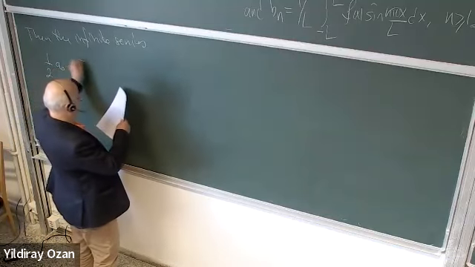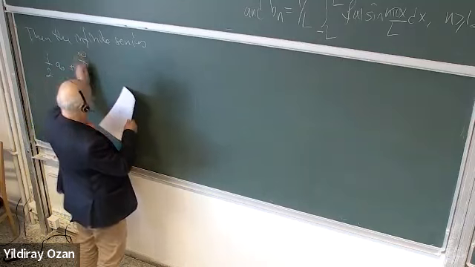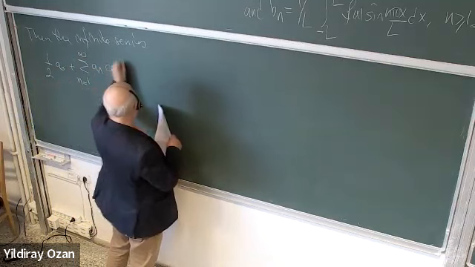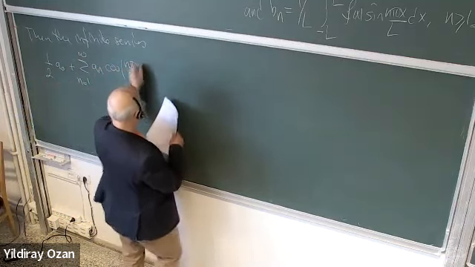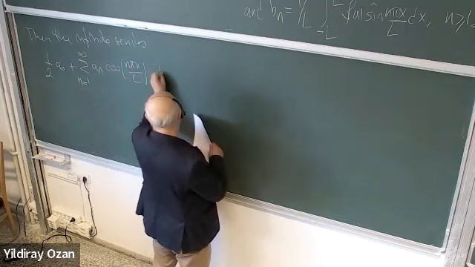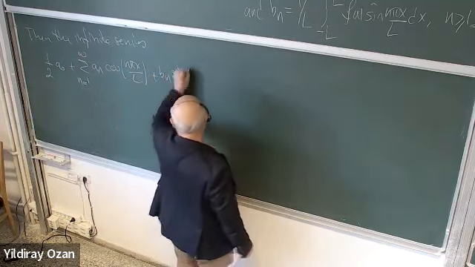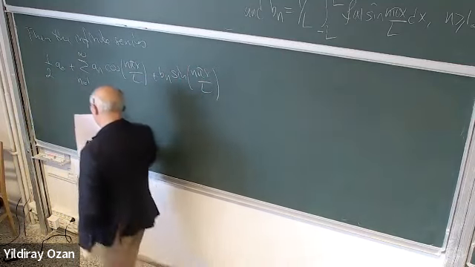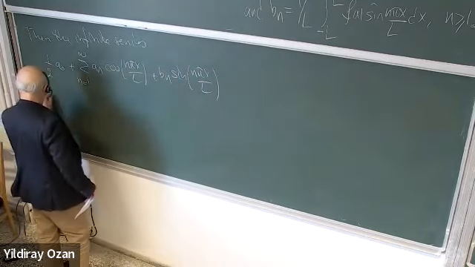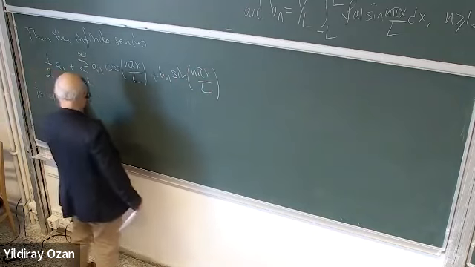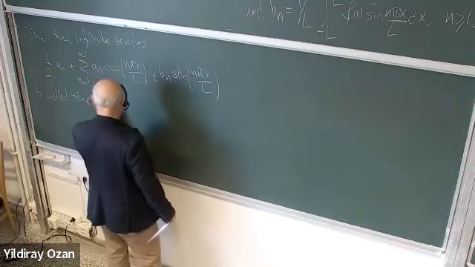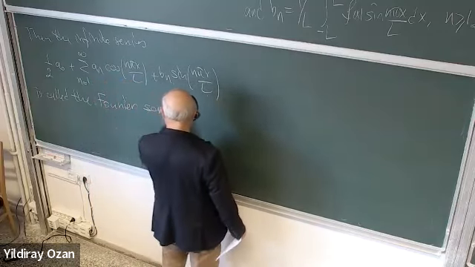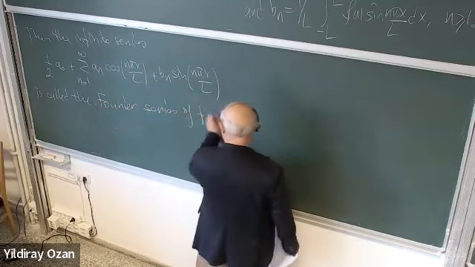Ondan sonra n birden sonsuza kadar an cosine n pi x over L plus bn sine n pi x over L. So this series is called the Fourier series of f of x.